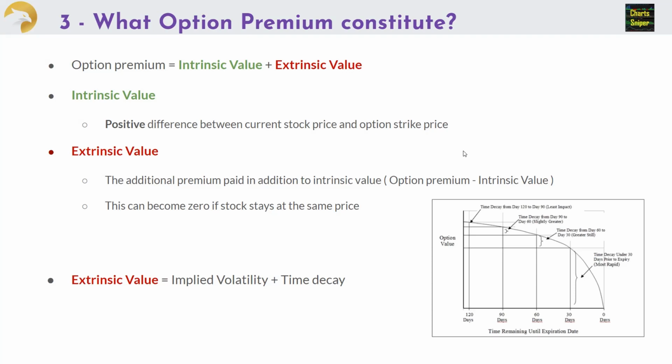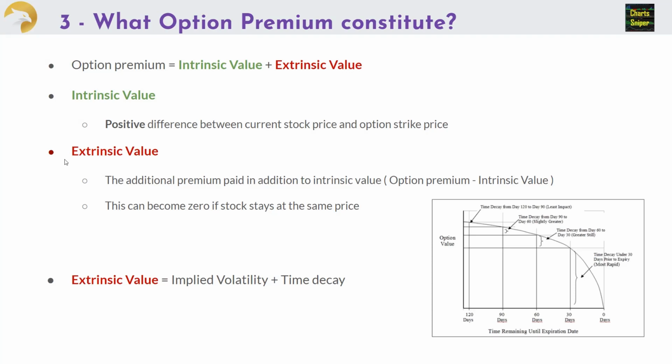Anything that is more than the intrinsic value is extrinsic value. Extrinsic value is the most dangerous thing that most beginning option traders will ignore. Understanding this extrinsic value is very critical for making money in options trading and not losing it.